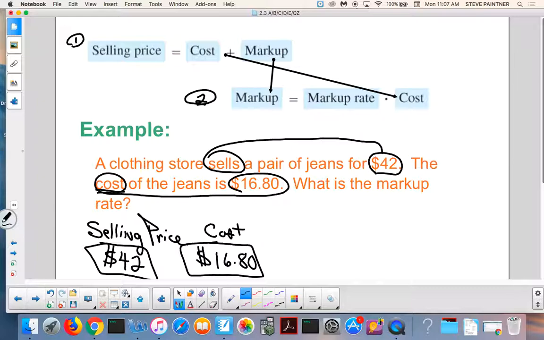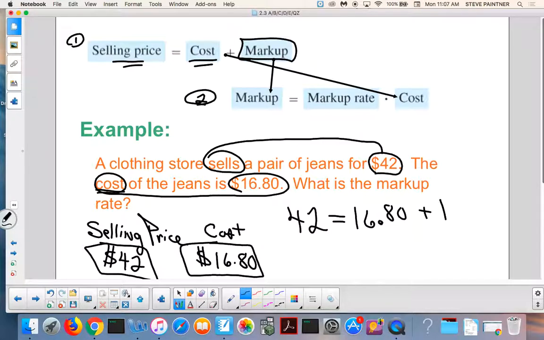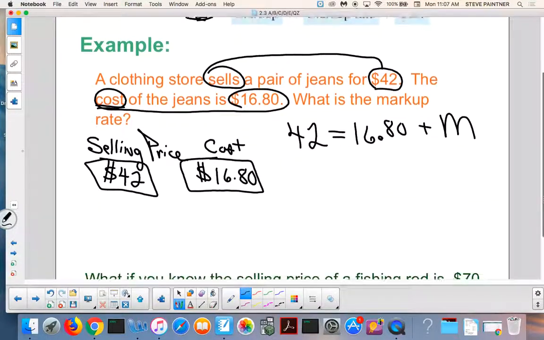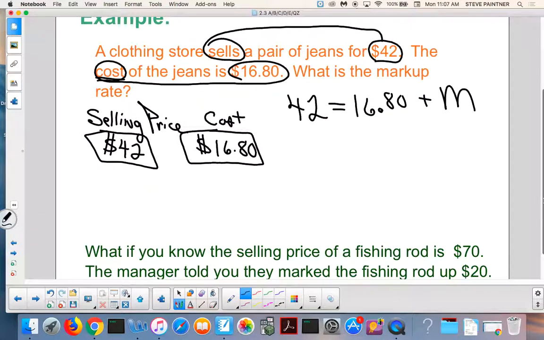All right, ready? What is the markup rate? We don't know. Okay, watch this. This is all you have to do. Start with this equation: selling price equals cost plus markup. 42 equals $16.80 plus markup. The markup is just a number like $2, $5, $10. So now the question becomes, what did I mark the jeans up by?